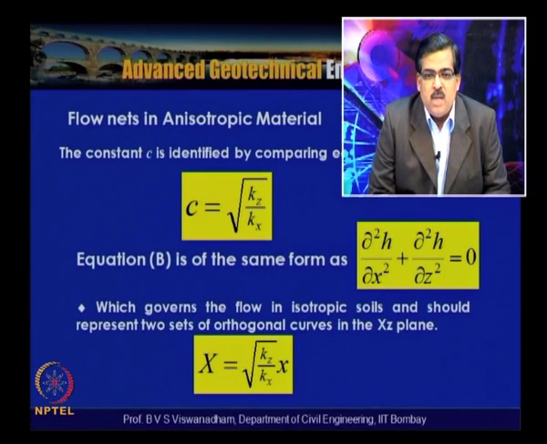So equation B is of the same form as ∂²h/∂x² plus ∂²h/∂z² is equal to 0, which governs flow in isotropic soils and should represent two sets of orthogonal curves in the capital X and small z plane. So we can write capital X is equal to root over the ratio of the vertical and horizontal permeabilities, root over Kz by Kx, into small x.